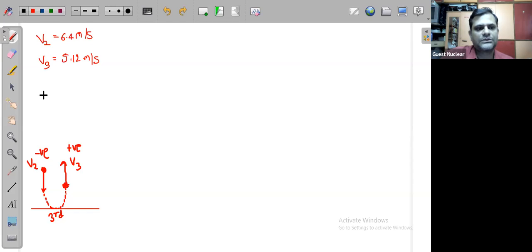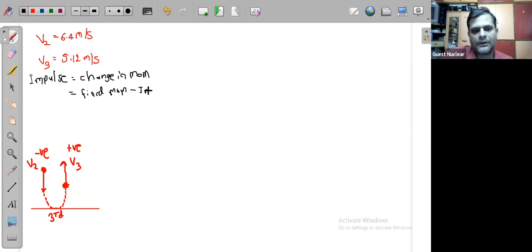Here we want to find out the impulse, but we know that impulse is equal to the change in momentum, and change in momentum is given by the final momentum minus initial momentum. And as we know, momentum is given by mass into velocity.